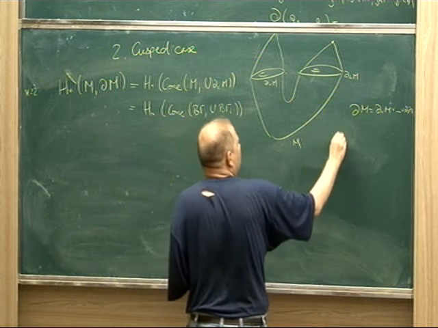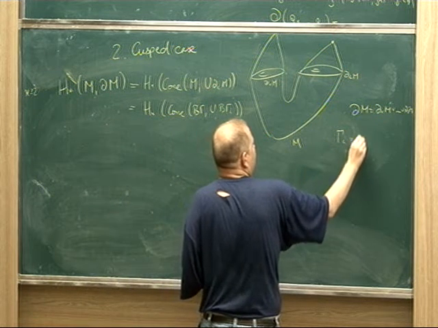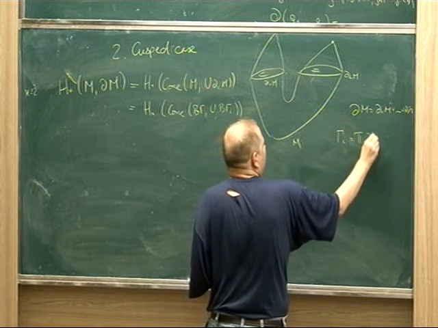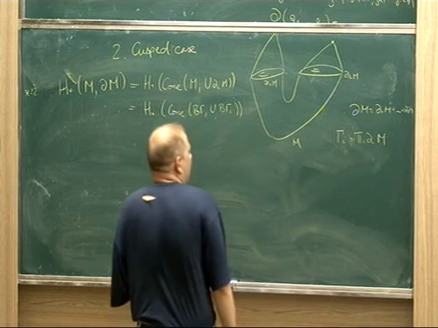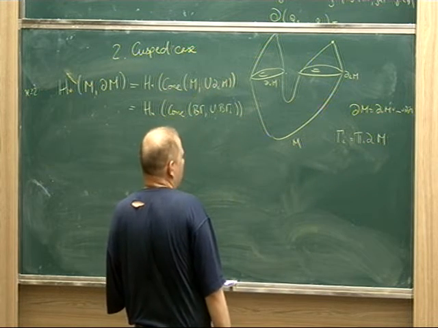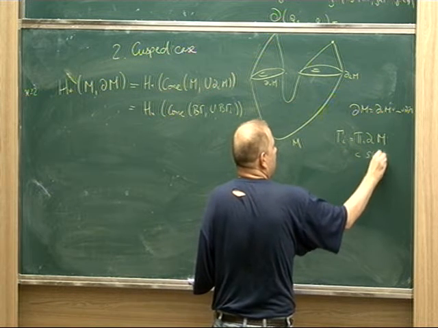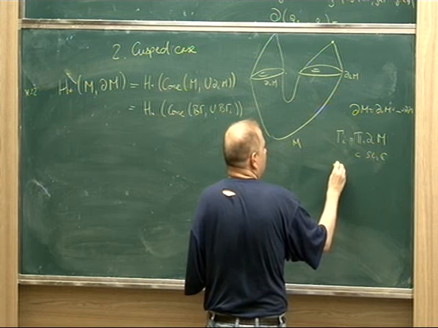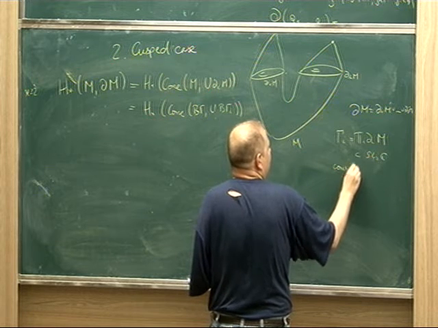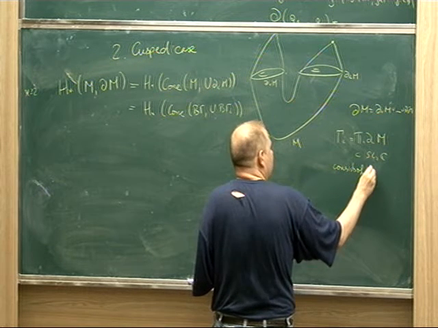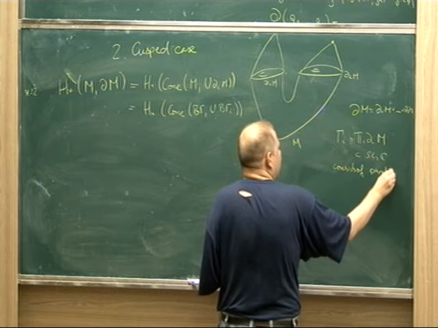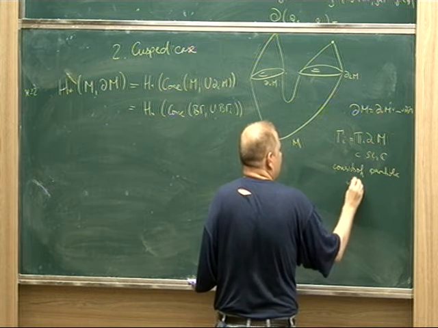Let us call Gi the fundamental group of this boundary component. So as a subgroup of SL2C, this consists of parabolic isometries fixing some point of infinity.